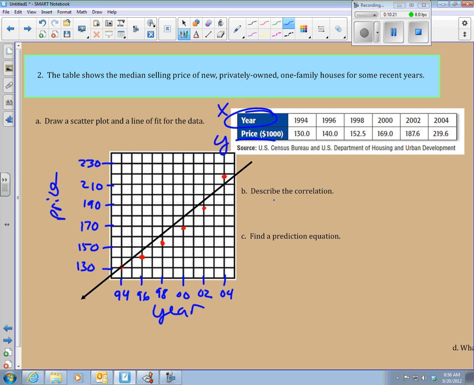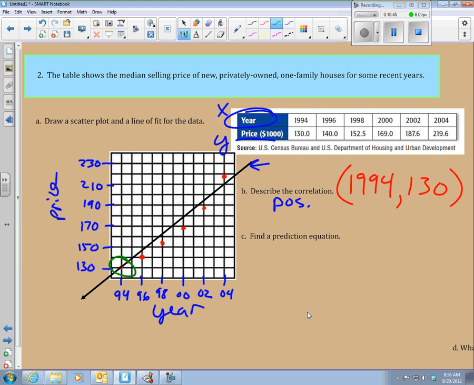So describe the correlation. I would say this is positive, definitely. And it says find a prediction equation. Well, we got our line of best fit here. Now we have to write a prediction equation for it. The points I'm going to use are this one, definitely, 1994 and 130. And I'm going to use this one right here.